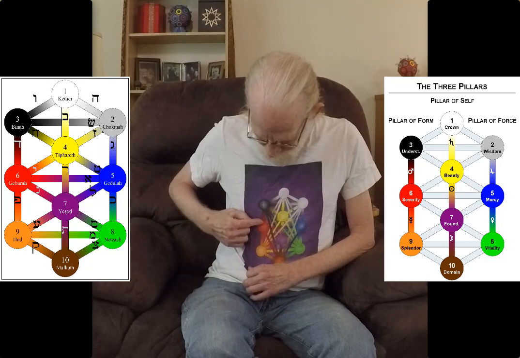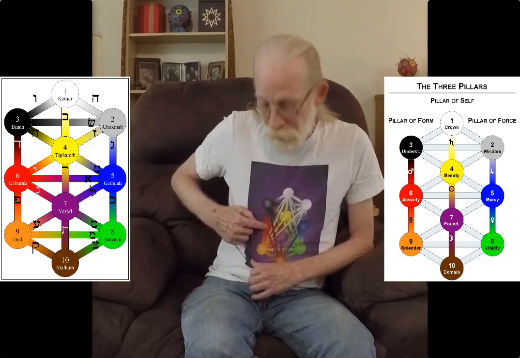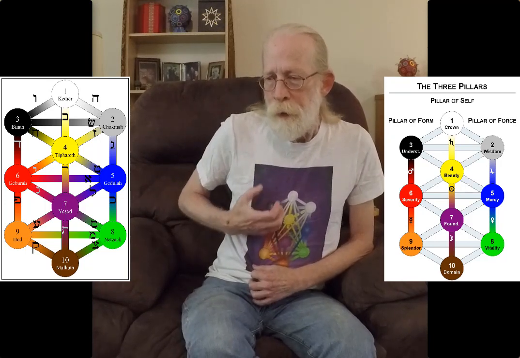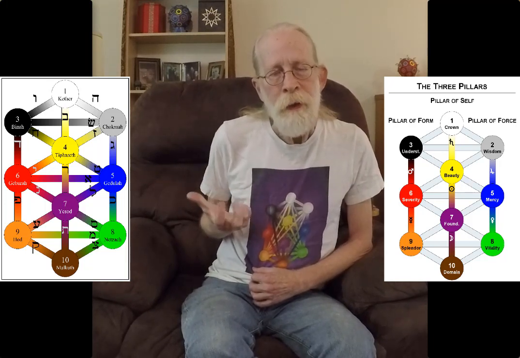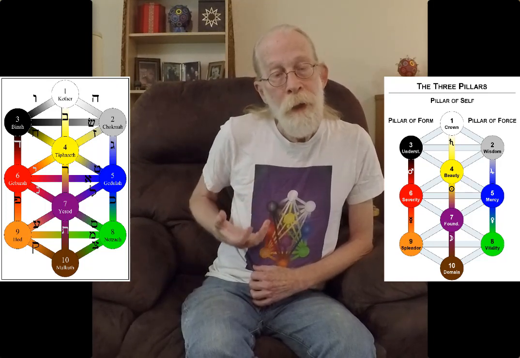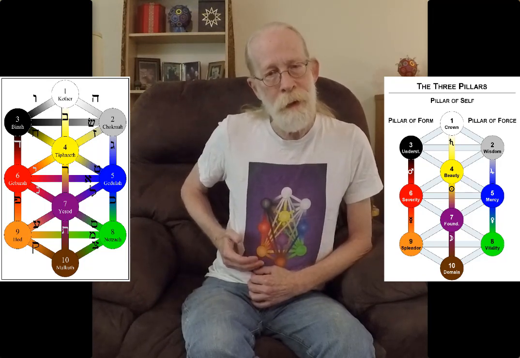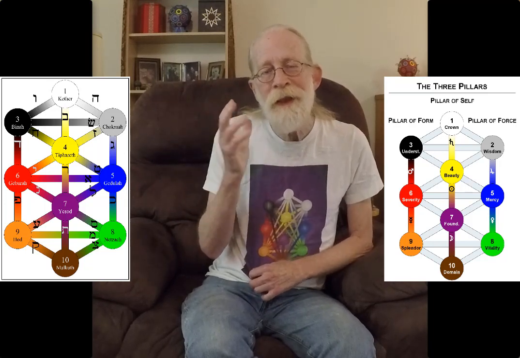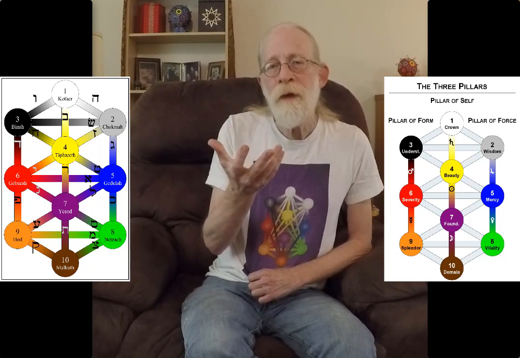Then we have Mercury over here going between Gebura and Hod. Between the core individuality, the uniqueness, the power of the individual self, and the power of the individual mind, the individual intellect, the individual ability to say for itself, to decide for itself.